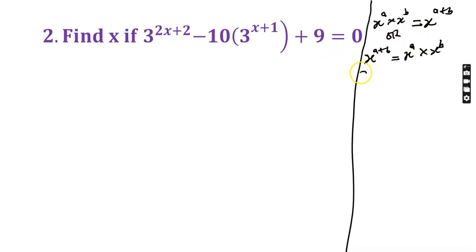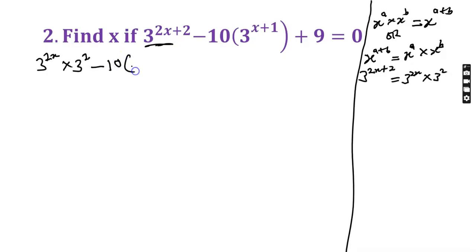So if I have 3 raised to the power 2x plus 2, this can break into 3 raised to the power 2x times 3 raised to the power 2. That's what I will do here. So my first line will break into 3 raised to the power 2x times 3 raised to the power 2, minus 10 bracket.